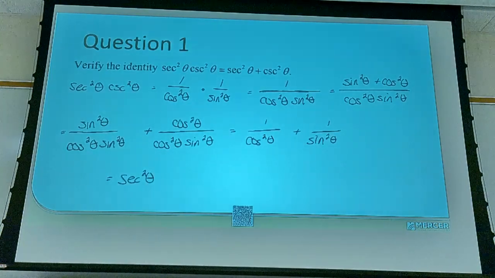One over cosine is secant. 1 over sine is cosecant, which is what we are working towards.